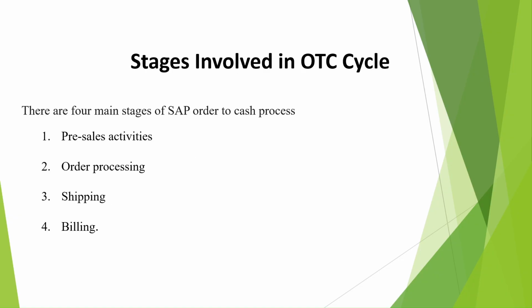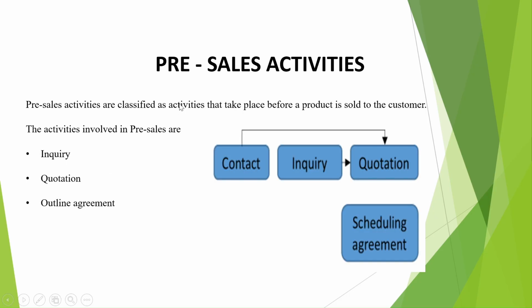Then we'll see the stages in the OTC cycle. There are four main stages, that is pre-sales activity, order processing, shipping and billing. Now let's go deep into each stage with an example. First we'll see pre-sales activities, which is nothing but the customer exploration phase.